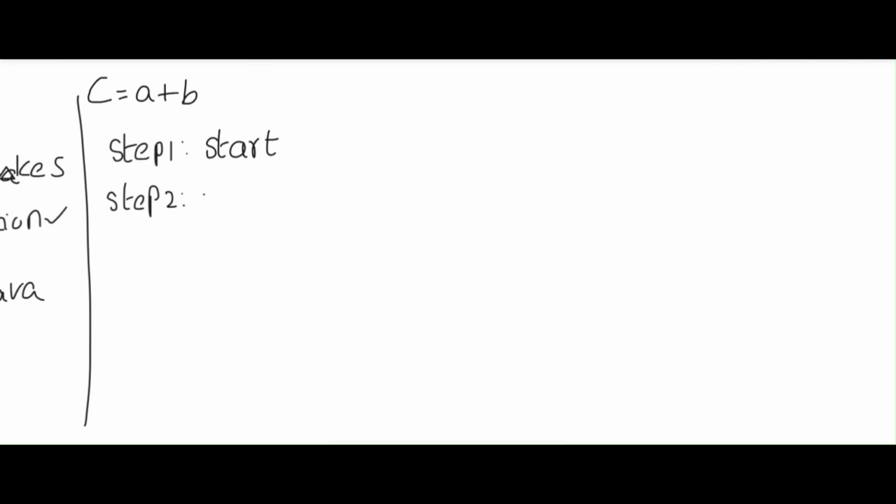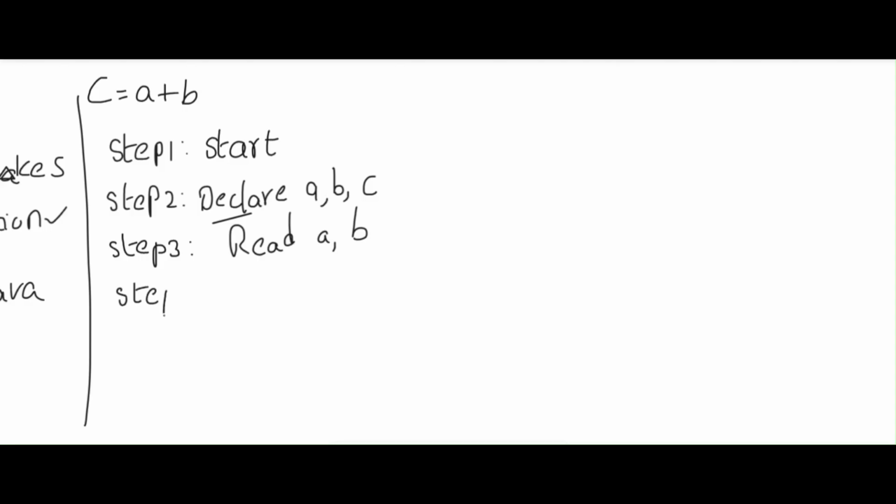Now step 2 is to declare three variables: A, B, C. I'll explain this declaration of variables deeply when we come to the actual programming language. Let's not bother about that step now. The next step is, through the keyboard you need to read the values of A and B, right? In order to add A and B, you need to accept the values.